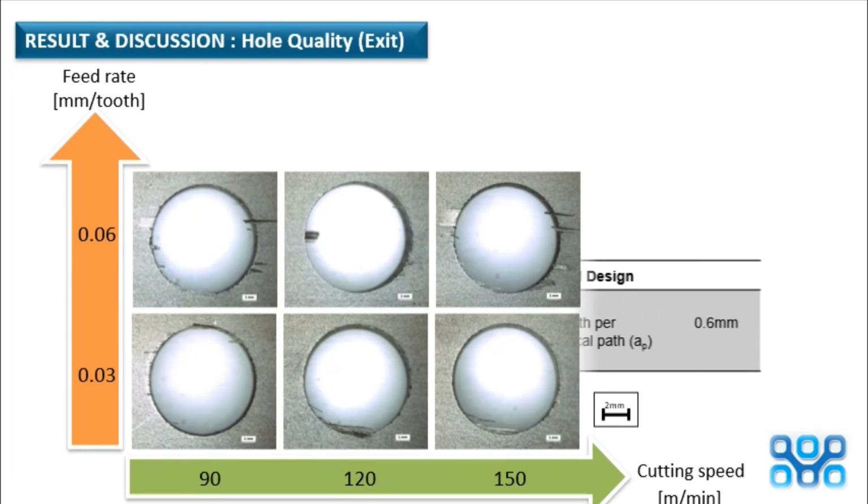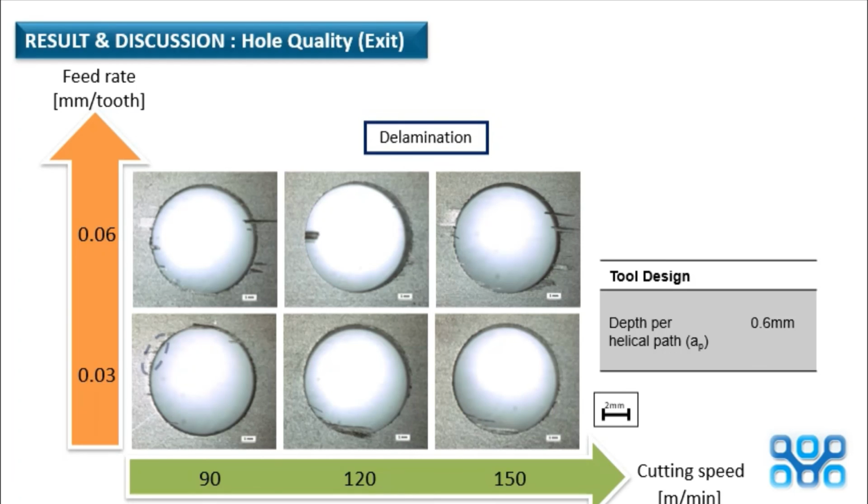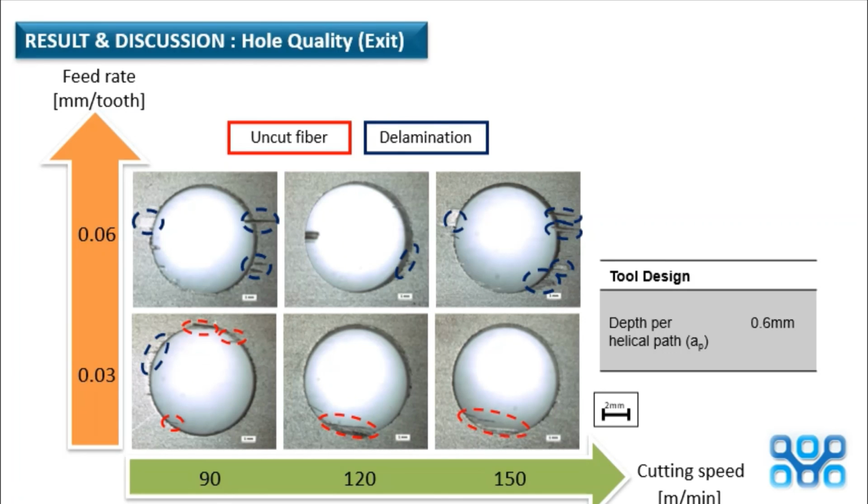Second, we go to the depth per helical path of 0.6 mm. Also the same: you can see delamination occurs most at 0.06 mm per tooth feed rate compared to 0.03 mm per tooth. Also, uncut fiber happens a lot at 0.03.